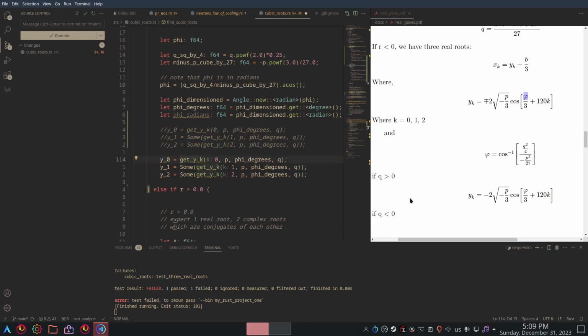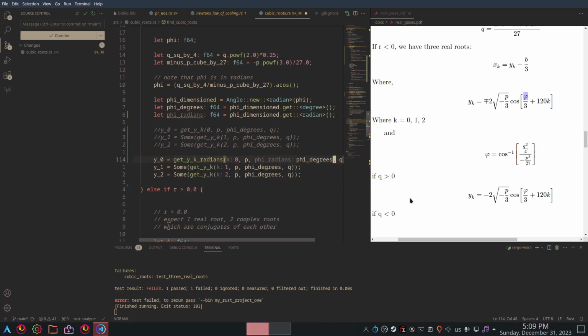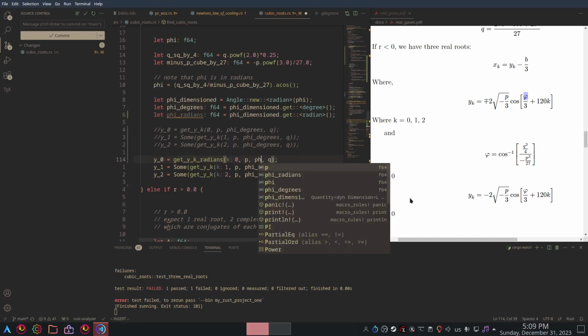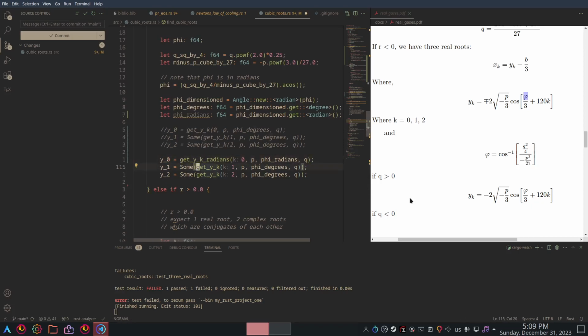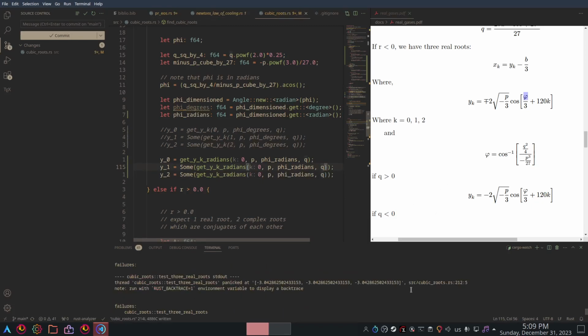I'm going to change this to get yk radians, and change this to phi radians. Paste it here and paste it here. Let's see whether the situation improves.